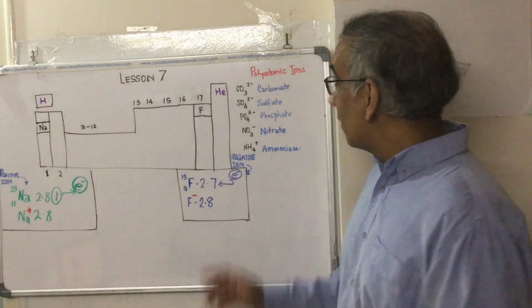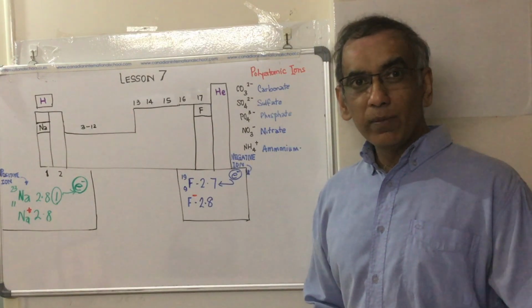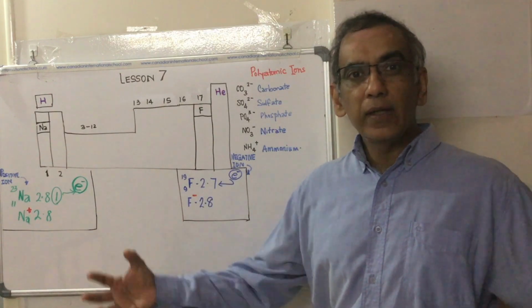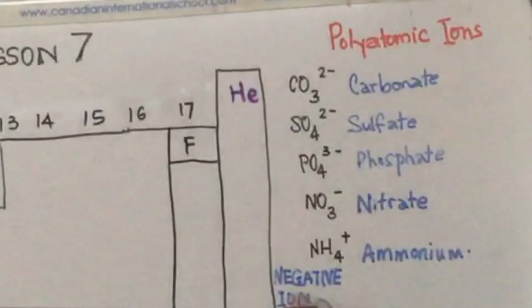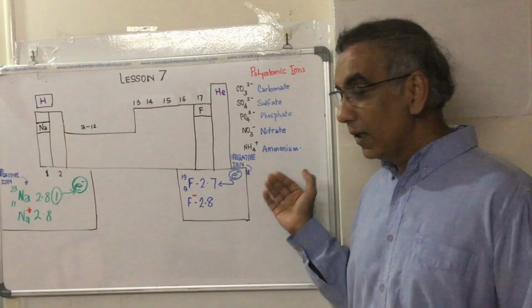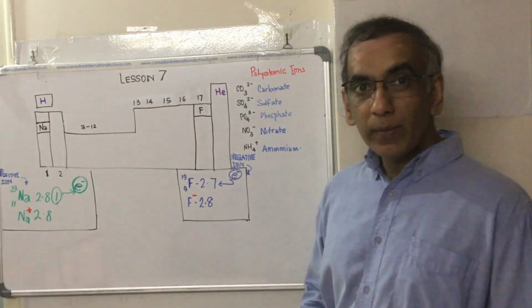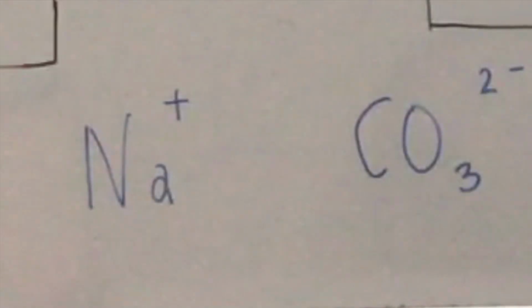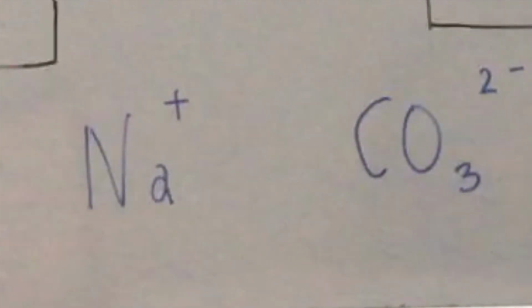Now we'll consider polyatomic ions, because ionic compounds are not just formed between one ion like sodium and another ion like chlorine to give sodium chloride. Sometimes we have these polyatomic ions, and these are just some of them listed here. If you want to write the formula of something like sodium carbonate, you have to bear in mind that this 2 must go down here next to the sodium.